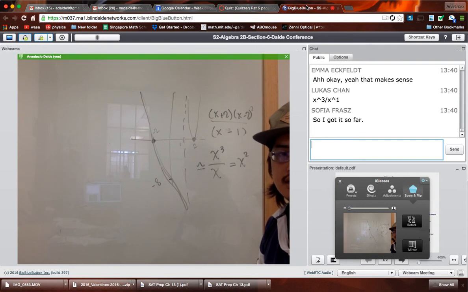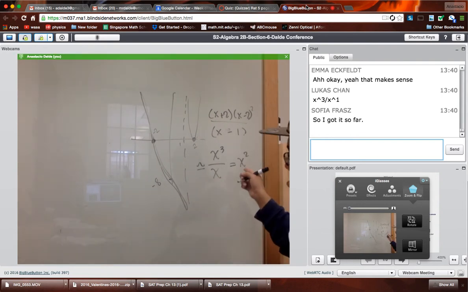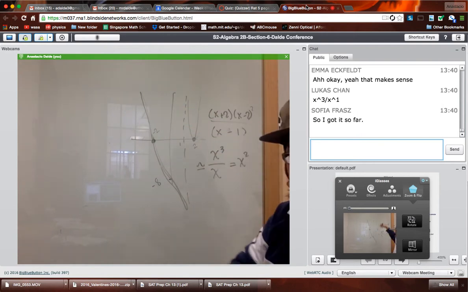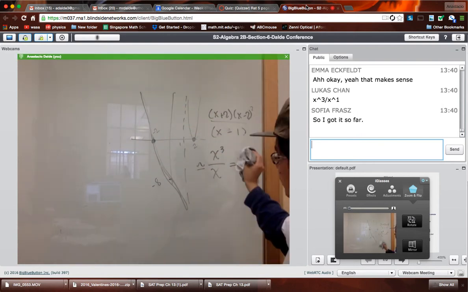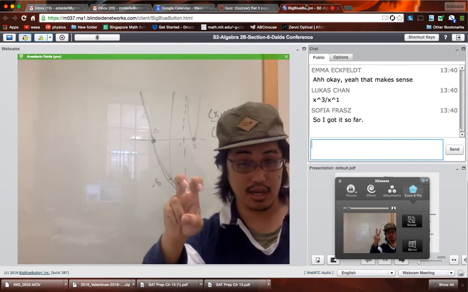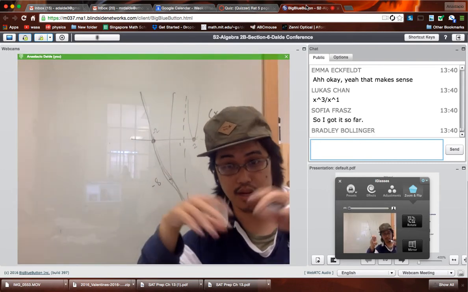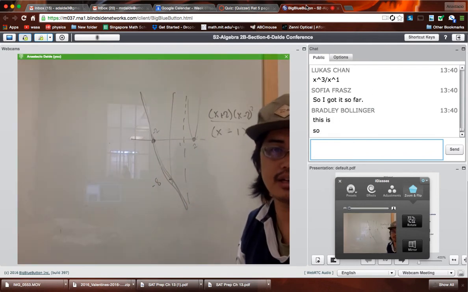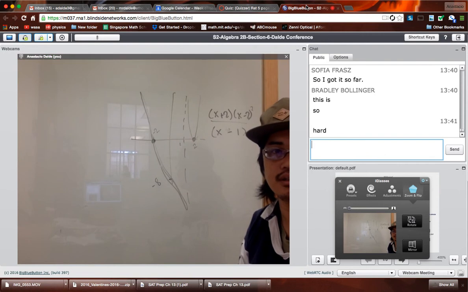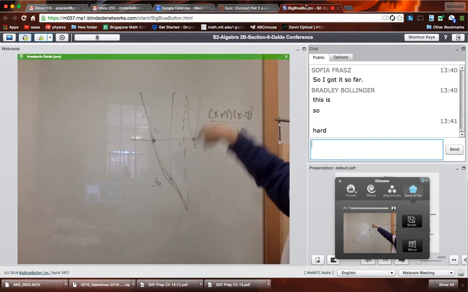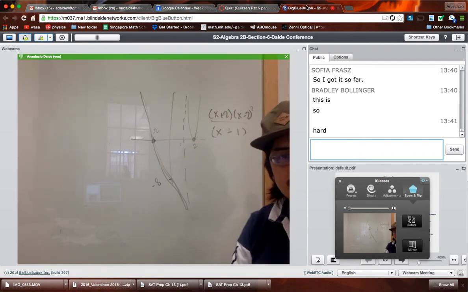And then that is my horizontal asymptote, which is good because, like we said, it's not horizontal at all. It's parabolic in nature. That horizontal asymptote is going to be x squared, which is a good thing.